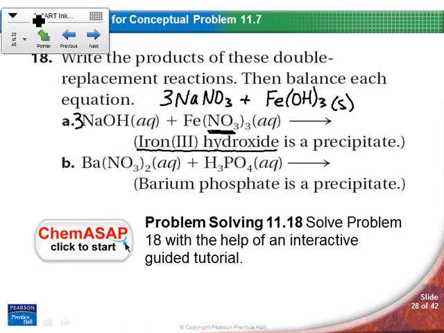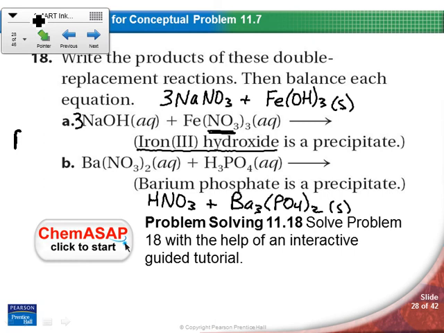Okay, and then the next one here, this one's a little bit tricky just because of the way the charges work out. So we're going to have HNO3 as one of the things here, plus, anybody figure out what this compound's supposed to be? Ba3(PO4)2, and that's the precipitate, so that's the solid. Why is it 2?